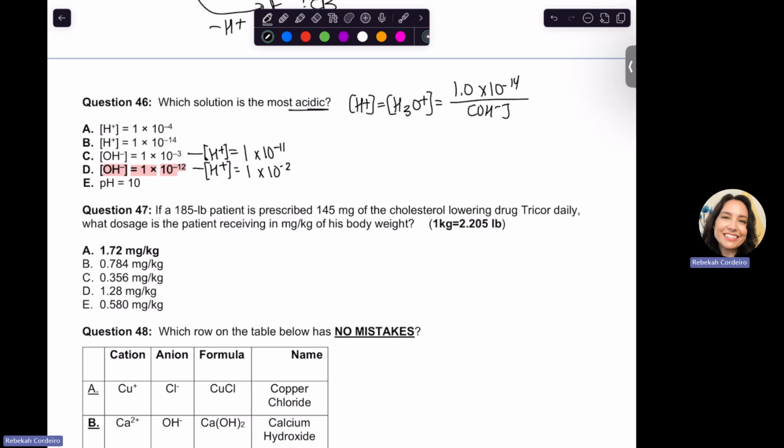So most acidic is going to be the largest H plus, which would make the smallest pH. So that would be D.